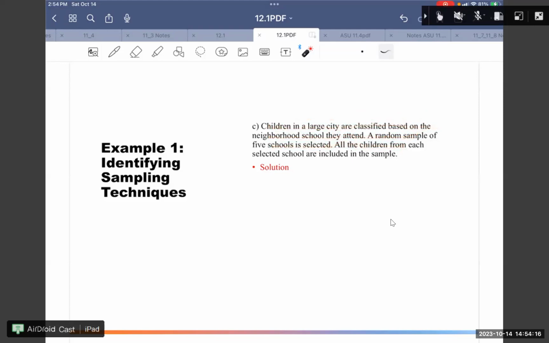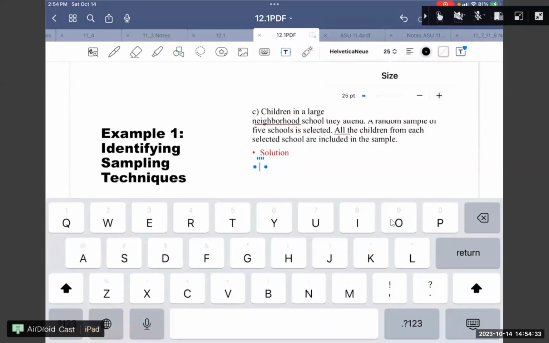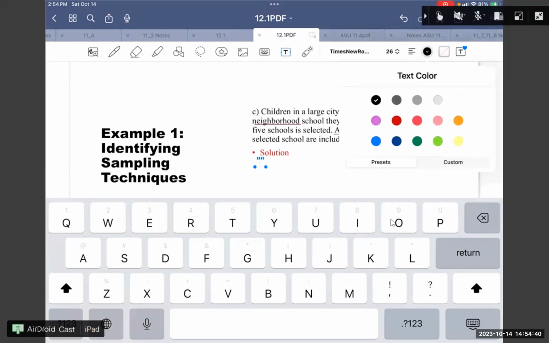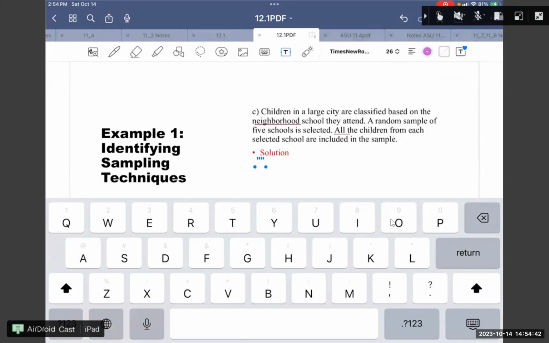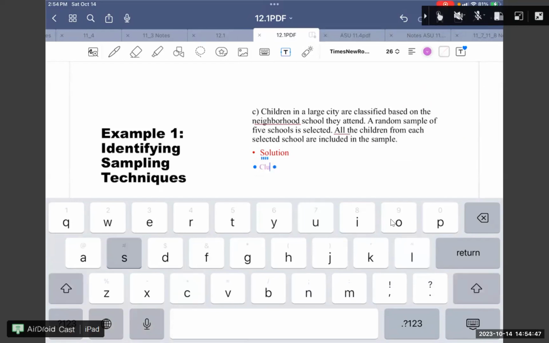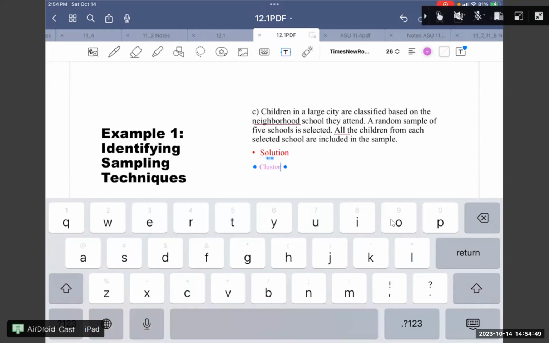So based on the neighborhood and all the children are the sample, this one is cluster sampling.